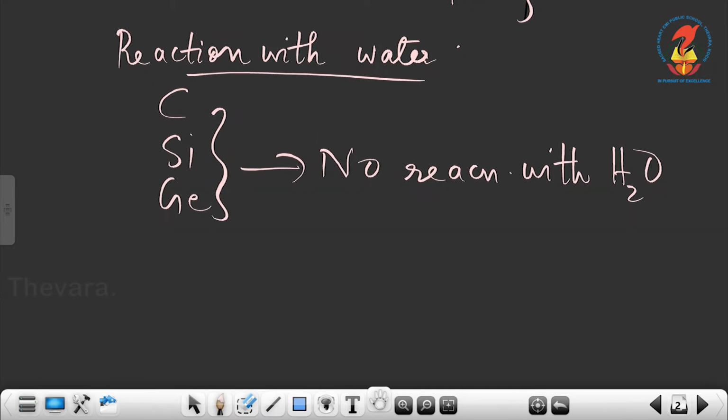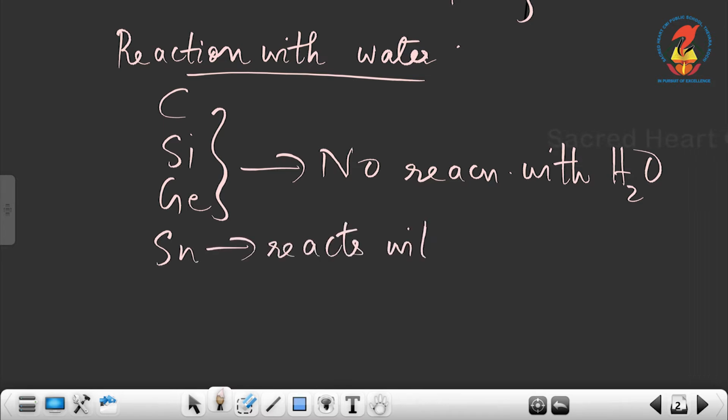Whereas tin will react with steam. Steam means water in vapor state. Okay, it reacts with steam.